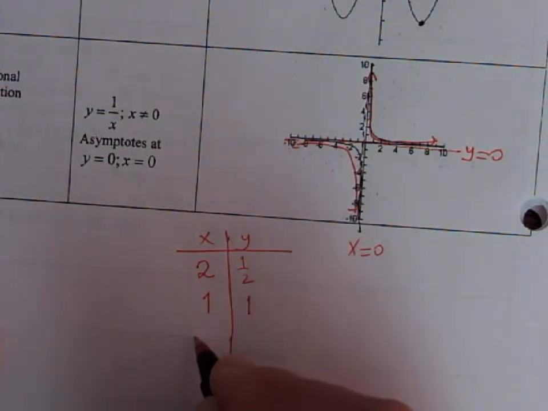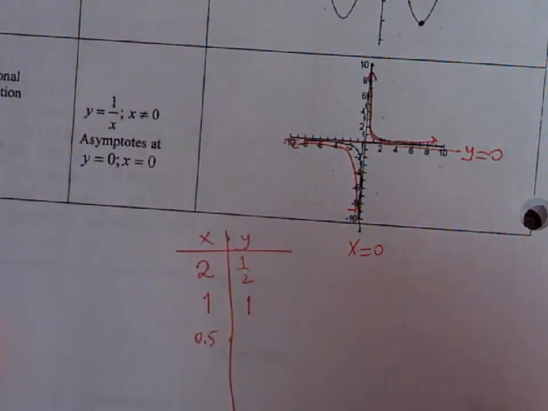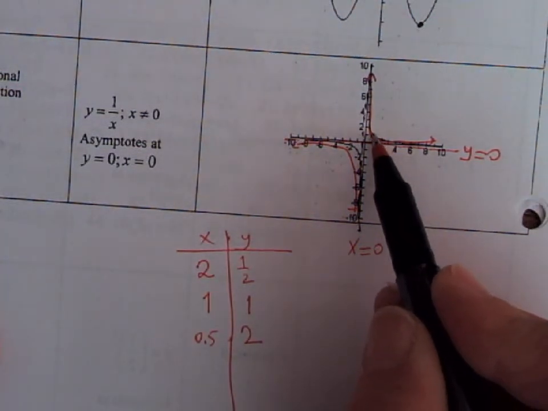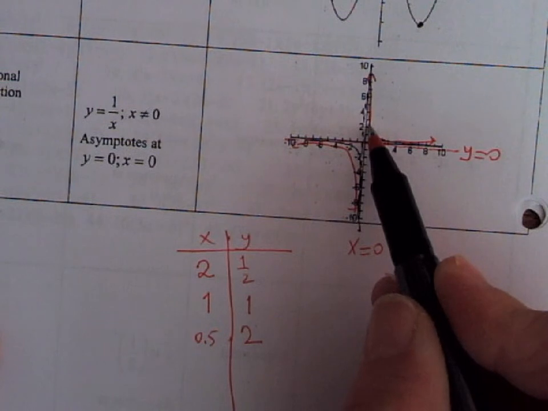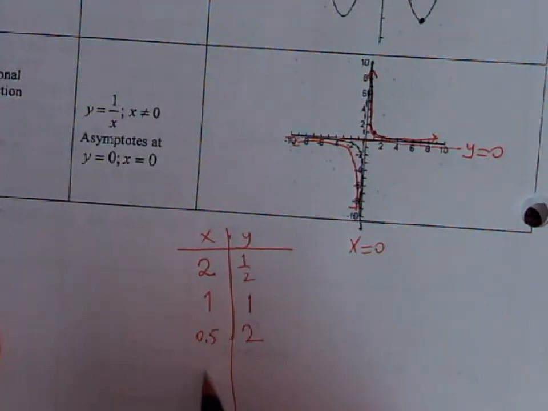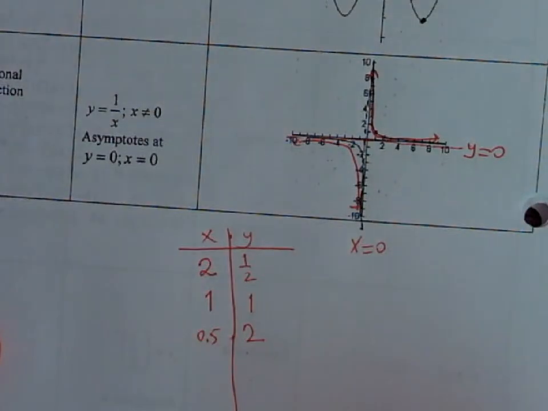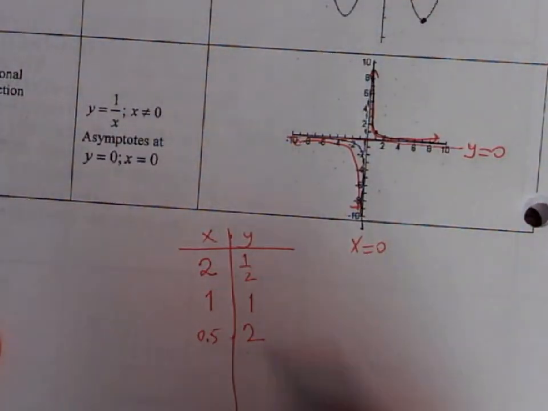Let's say x is 0.5. 1 over 0.5 gives you 2. So 2 and half, 1 and 1, half and 2. Can you put 0? No. 1 over 0 is undefined. That is the reason you have an asymptote there. So x cannot be 0 because there's an asymptote there.